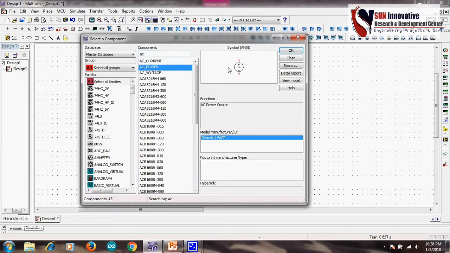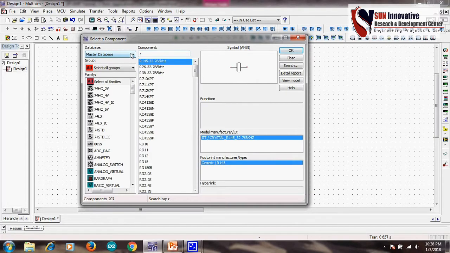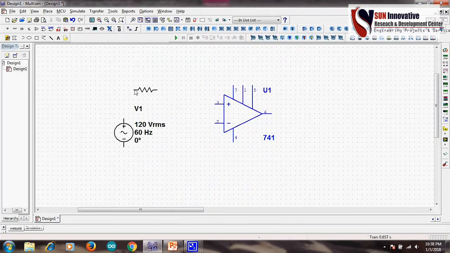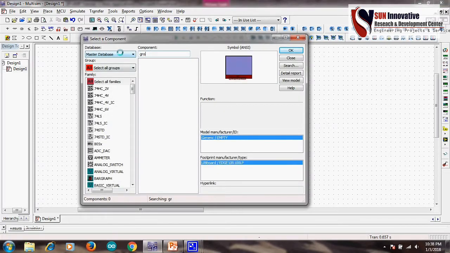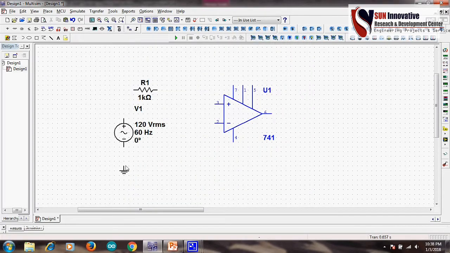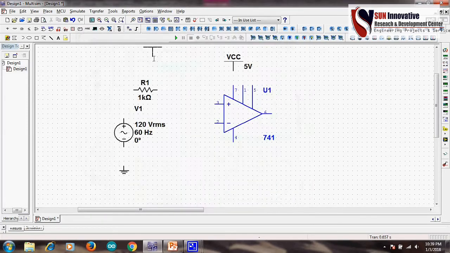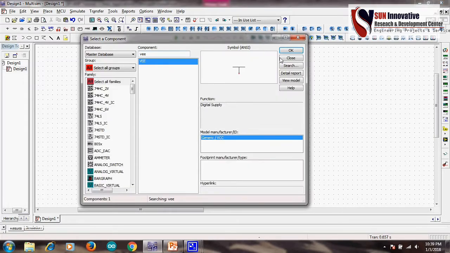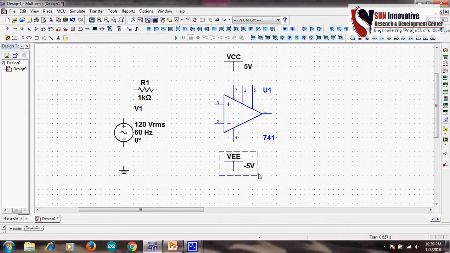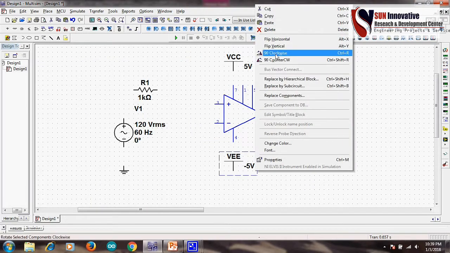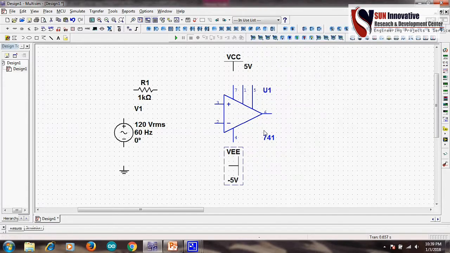This is the AC voltage, and the resistance again. This is the voltage for biasing purpose, VEE for negative biasing. Okay, now connect all the components. I'm going to rotate this one.